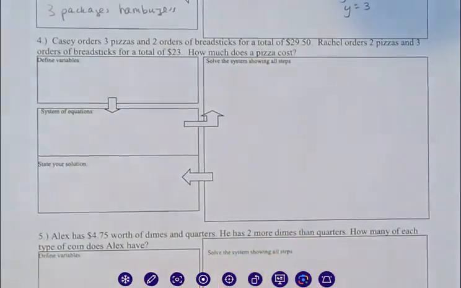Okay, the next problem says Casey orders 3 pizzas and 2 orders of breadsticks for $29.50. Rachel orders 2 pizzas and 3 orders of breadsticks for $23. How much does a pizza cost? So the thing that I'm finding here is the price of pizza and the price of breadsticks.